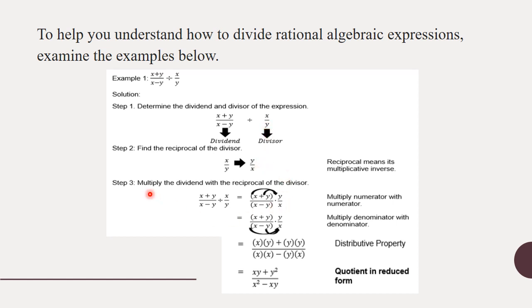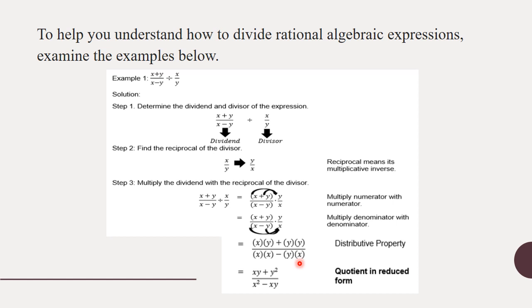Step 3, multiply the dividend with the reciprocal of the divisor. So multiply numerator with numerator, by the distributive property, and also for the denominator. We have x times y plus y times y, and then x times y minus x times x minus y times x.